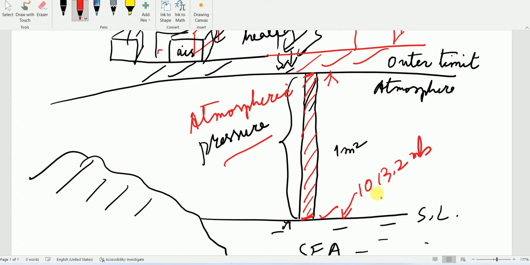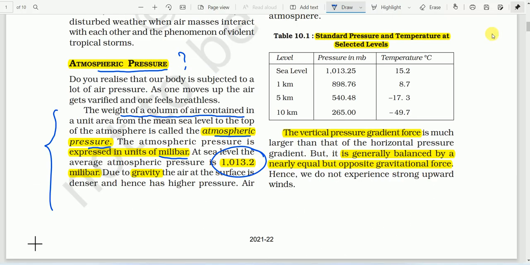Here at the sea level, the weight or the pressure of the atmosphere is 1013.2 millibar.